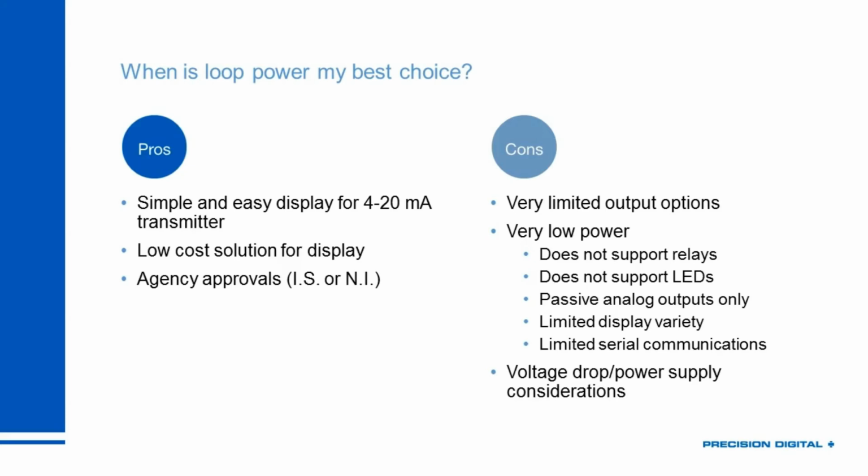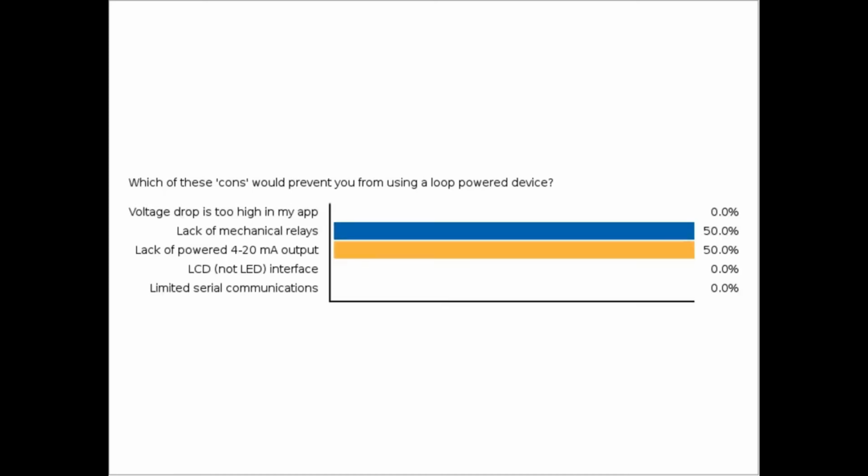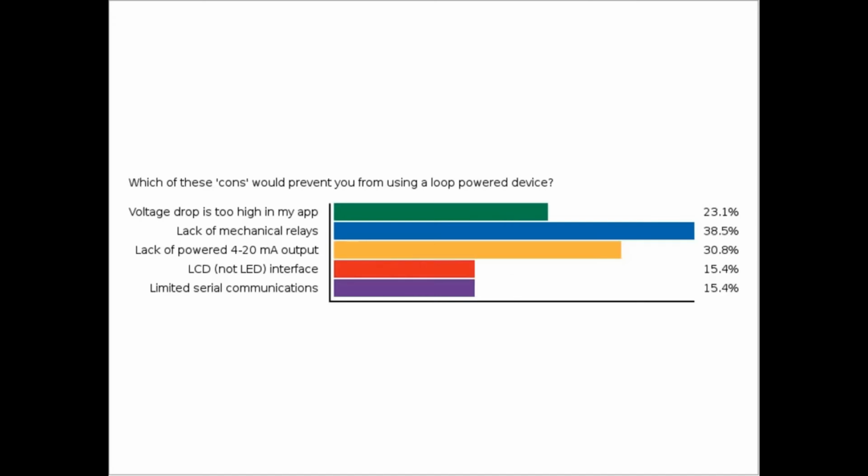And we have one question here for you about the cons that we just talked about. We would like to get some feedback from the folks here on which of those cons that Joe just described would prevent you from using a loop-powered device. Choose one of those if it would prevent you from using loop power. Go ahead and show results as they're coming in.